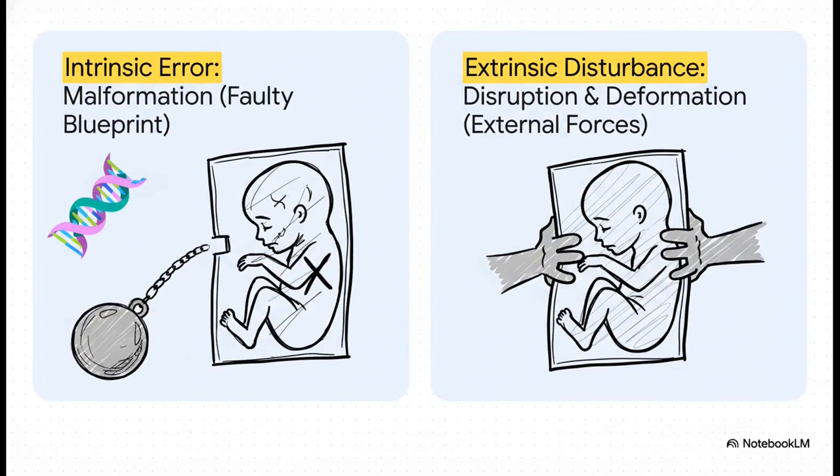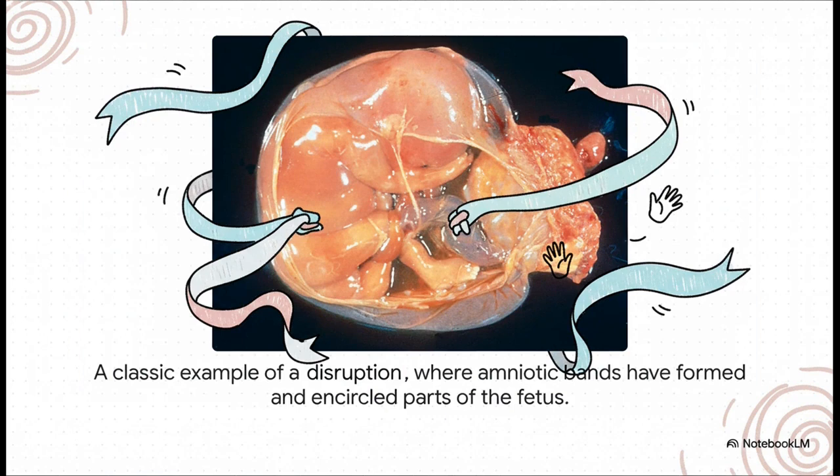So let's summarize, because this is a guaranteed exam question, Beta. You have to know the difference between an intrinsic error and an extrinsic disturbance. It's simple. Malformation is intrinsic, a problem with the blueprint itself. Disruption and deformation are both extrinsic, outside forces messing with a good plan. You got that? Good. And look at this picture. This is a perfect textbook example of a disruption.